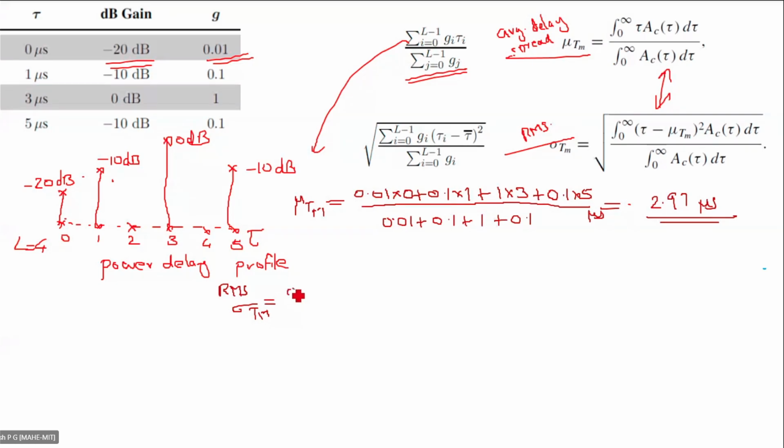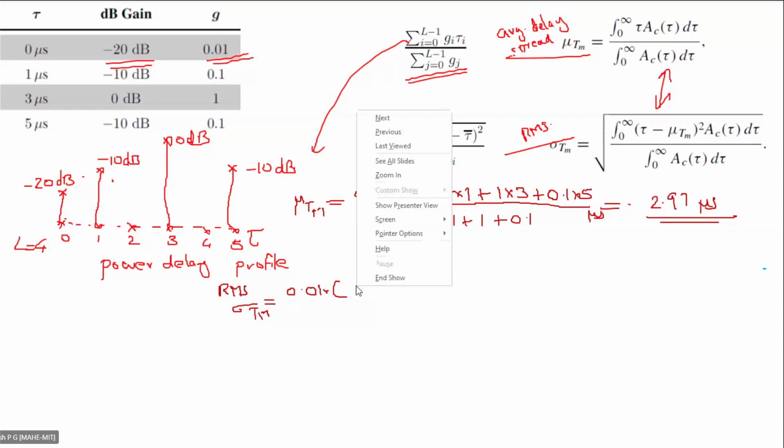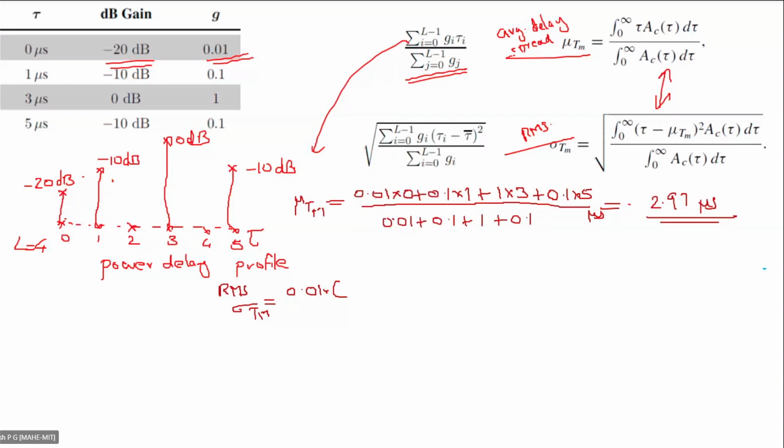So the first component is 0.01, and then we are going to multiply it to, okay, the equation is tau i minus average delay spread. This tau bar is nothing but average delay spread. So tau i, that is 0, minus 2.97 square, right?